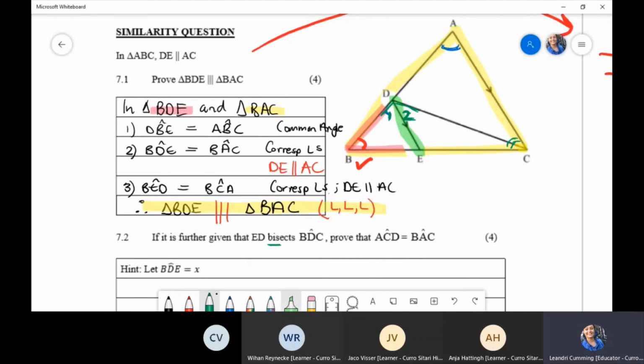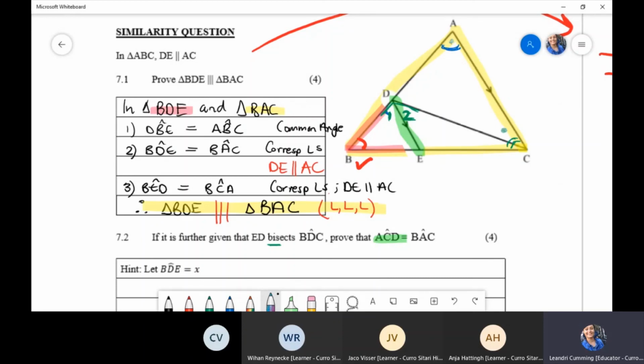Now we need to prove that angle ACD, where's ACD? This one here must be equal to BAC, this one here.